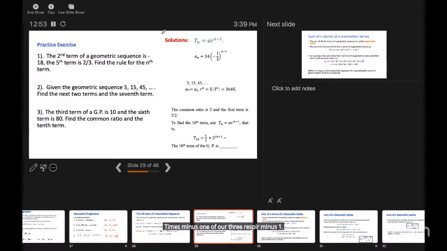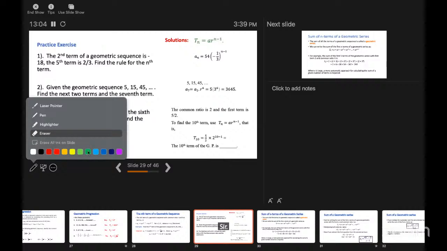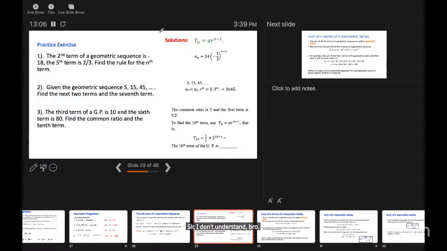The solution is at this side. For the first one, we want to look at this formula.